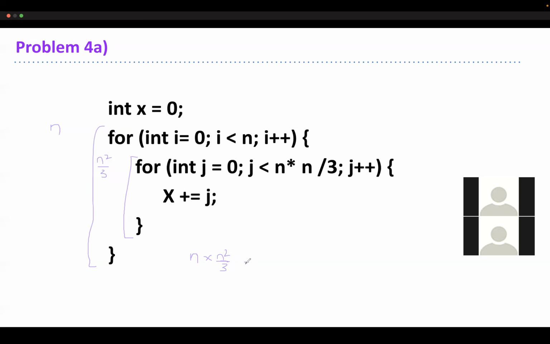When we do the math, we get n cubed divided by 3. But since the 3 is just a constant, we can drop it. So this algorithm is going to be order n cubed. It's going to be a cubic runtime algorithm. So pretty slow.